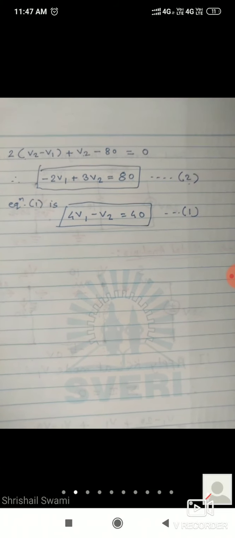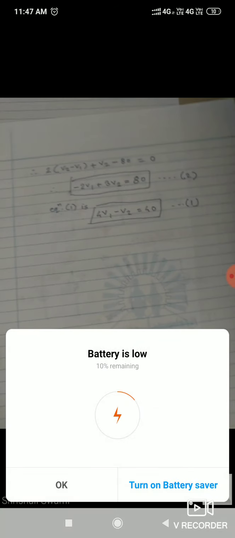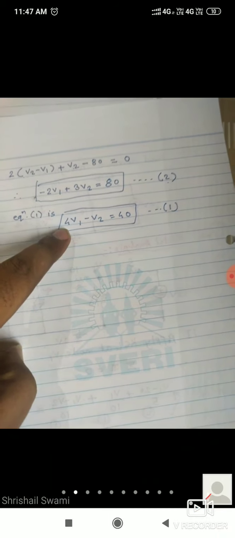If you are solving the equations using a calculator, there is an option to go into equation mode. Once you select equation mode, it asks for 2 unknowns or 3 unknowns. How many unknowns are there? V1 and V2, 2 unknowns. So simply select 2 unknowns. After that you can put the coefficient values. A1 is equal to 4, B1 is equal to minus 1, C1 is equal to 40.